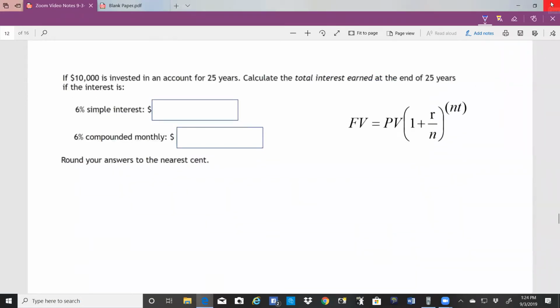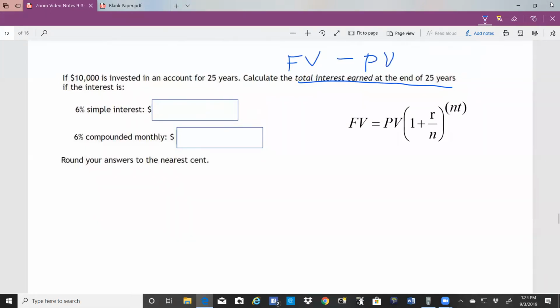Read the problem carefully. I had 3 or 4 students on the homework ask me, how do you calculate the total interest when you're compounding? Well, the total interest will be the future value minus the present value.